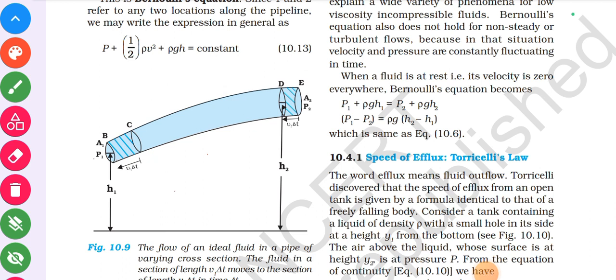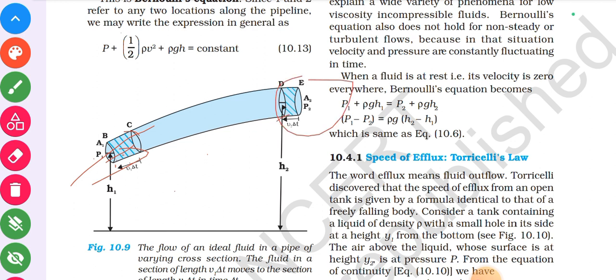At this point there will be pressure energy, and the pressure energy that we have given will be converted to kinetic energy because of the movement of the particles of the fluid. It will be converted to potential energy because it has reached some height.